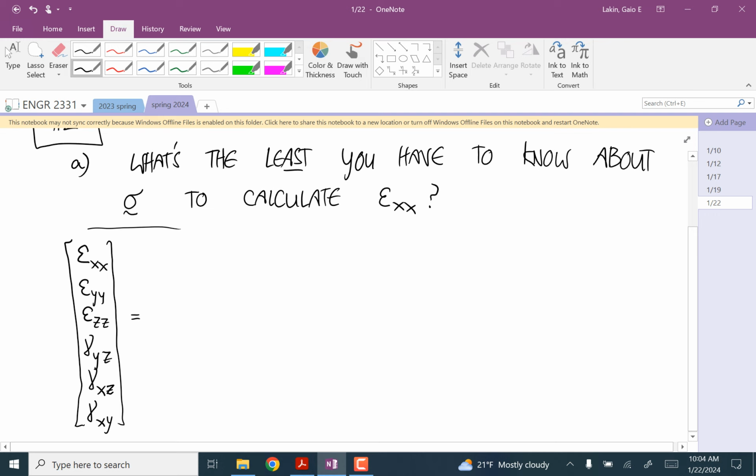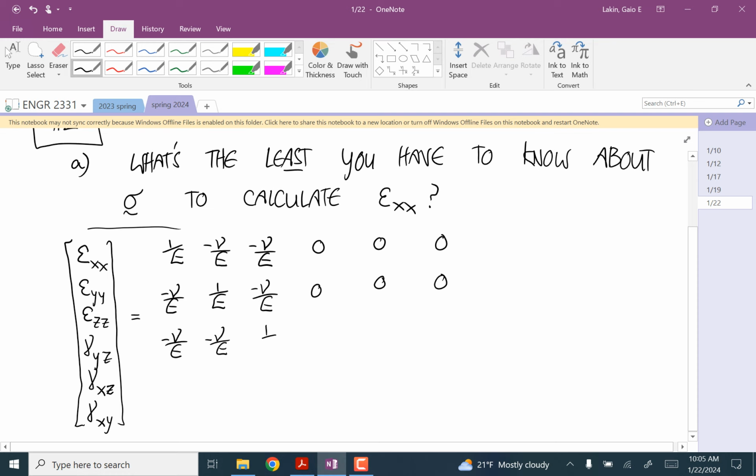So then we have our compliance matrix: 1 over E, negative nu over E, negative nu over E, 0, 0, 0. Negative nu over E, 1 over E, negative nu over E, 0, 0, 0. Negative nu over E, negative nu over E, 1 over E, 0, 0, 0.